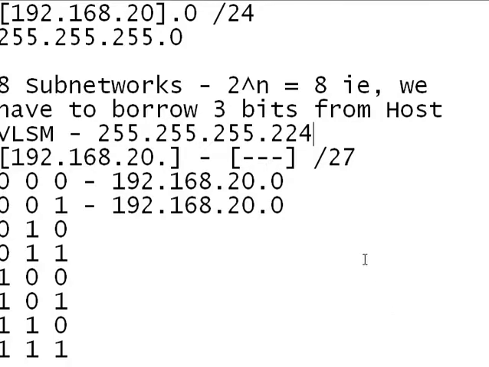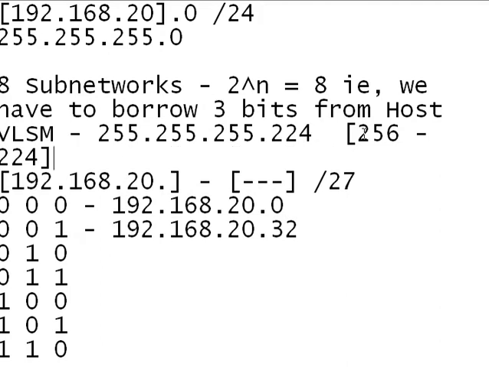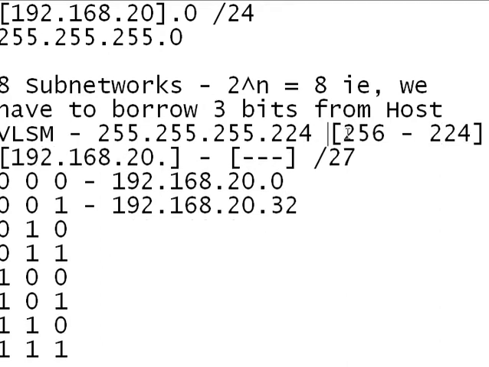Since this bit is varying, the block size is 32 out of 256. When I am creating all these blocks from 256, they will all be multiples of 32.